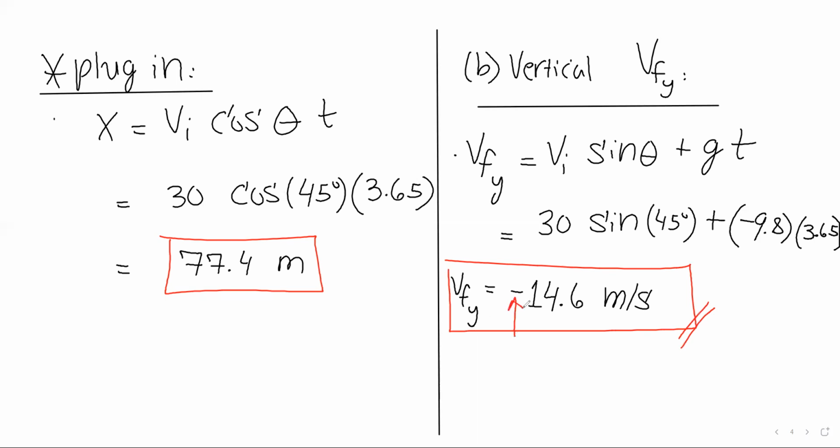And you can check your work. Notice how a negative velocity makes sense at this point because we're moving down when we're about to strike the roof of the building. So let's solve this one last way.